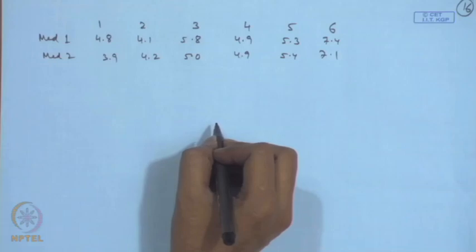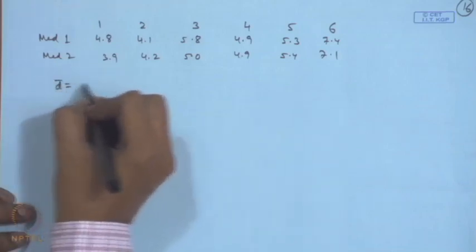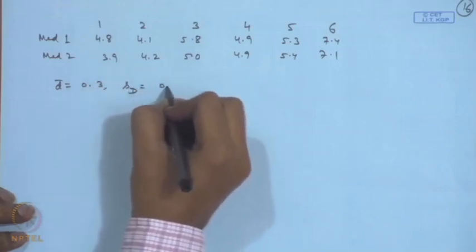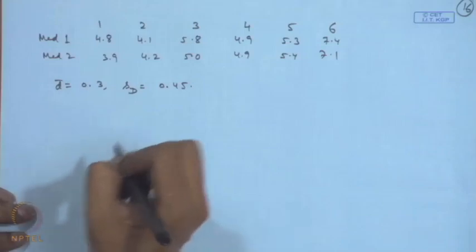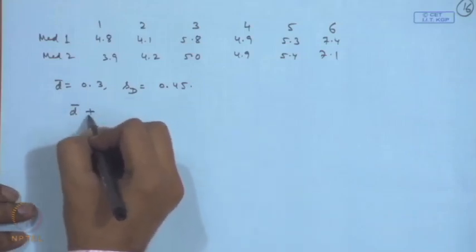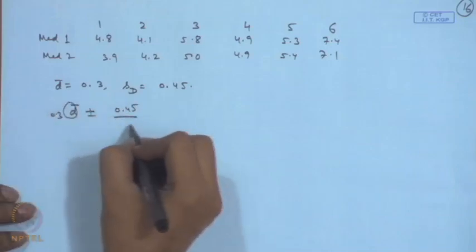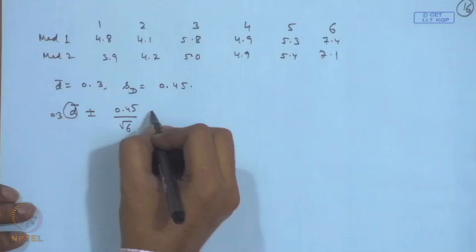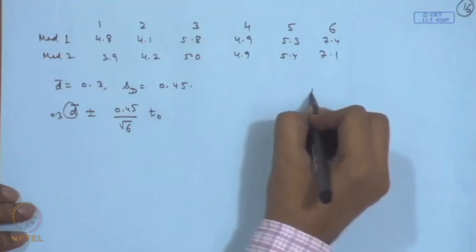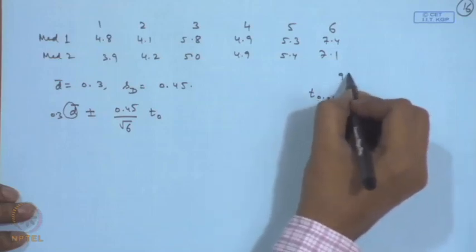If we calculate here d bar, then d bar turns out to be 0.3 and S d turns out to be 0.45, and therefore, we can calculate the confidence interval as d bar plus minus 0.45, this is 0.3 divided by root 6, and t value, suppose I am considering say 98% confidence interval.